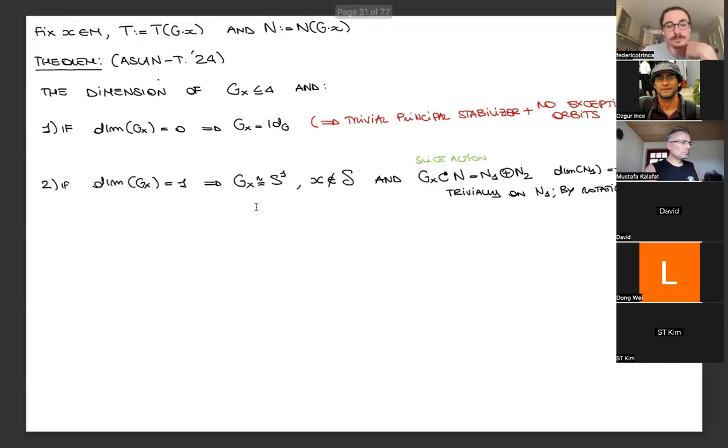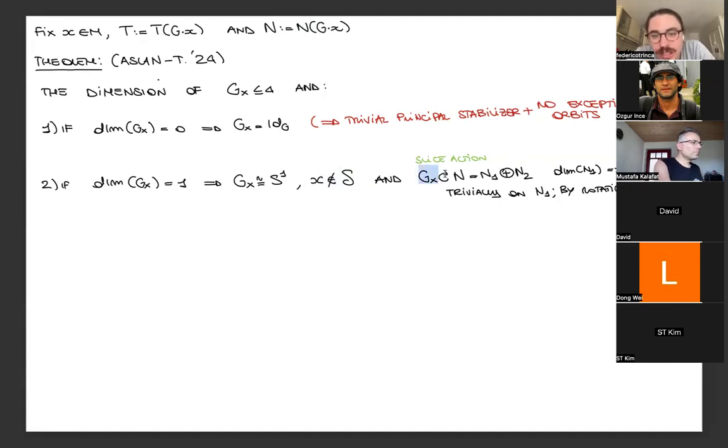Then the second result is that if my stabilizer has dimension 1, then it needs to be isomorphic to S1, and we also would know that x is not in S. So this means that the T2 action at that point is non-trivial.